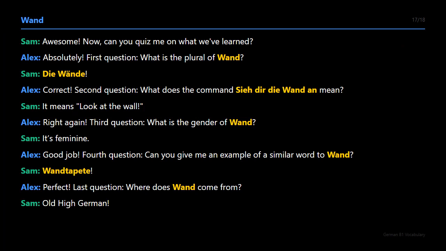Third question, what is the gender of Wand? It's feminine. Good job. Fourth question, can you give me an example of a similar word to Wand? Wandtapete. Perfect. Last question, where does Wand come from? Old High German.